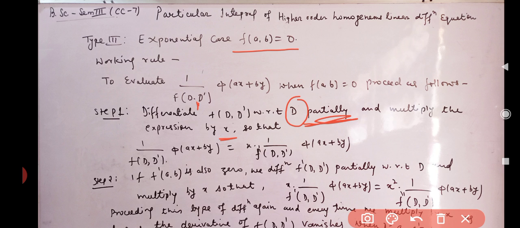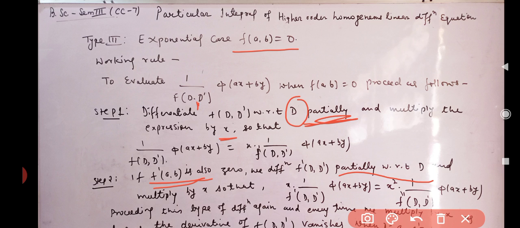Now step 2. Again we check whether f'(a,b) equals 0 or not. So if f'(a,b) is also 0, we again repeat this process and differentiate f'(D,D') partially with respect to D and multiply by x.